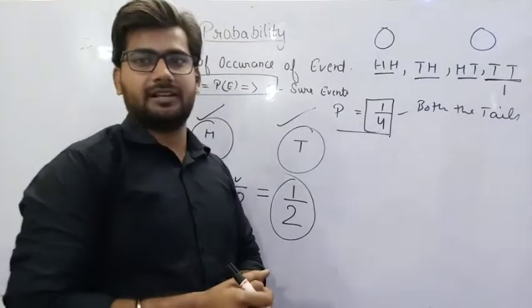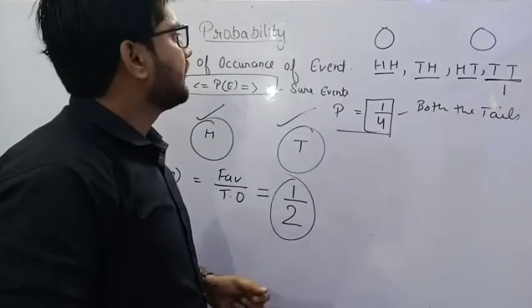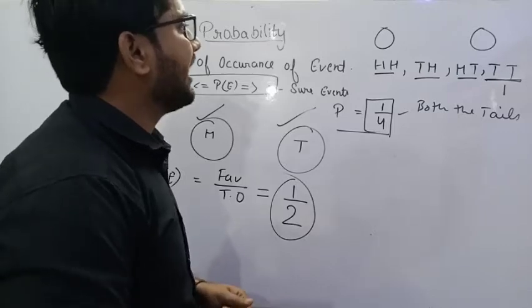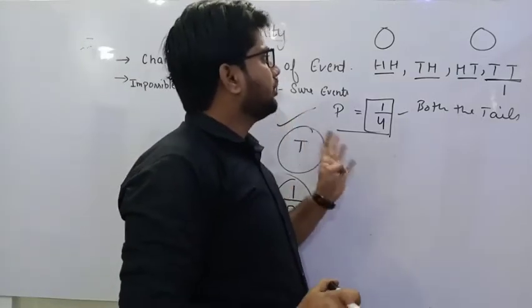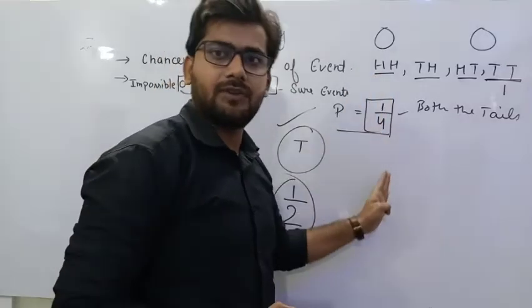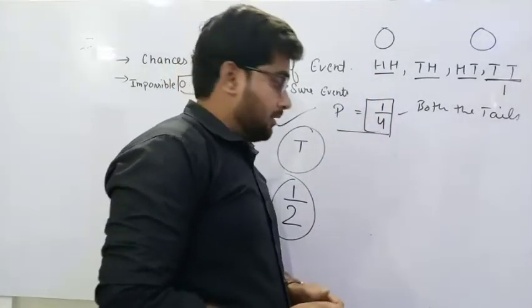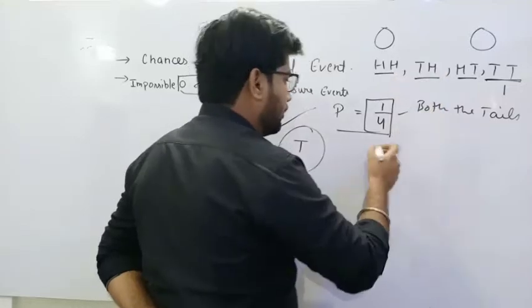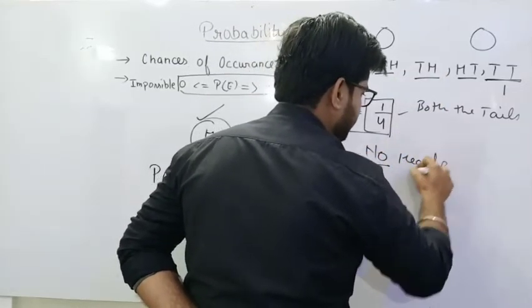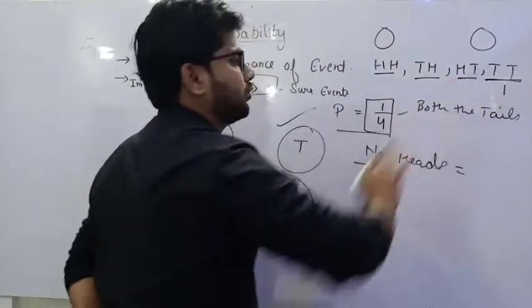One more question can arise here. If I say to you that I want both heads, then also the probability will be the same, 1 upon 4. But what about no heads, the probability of no heads in 2 coins?